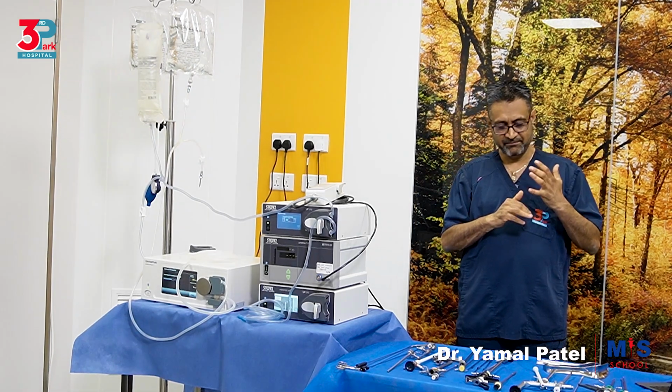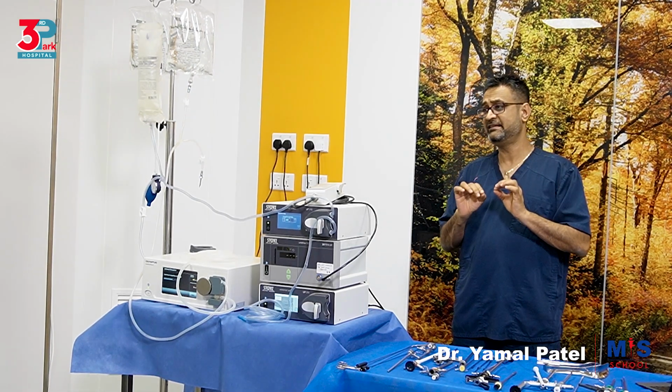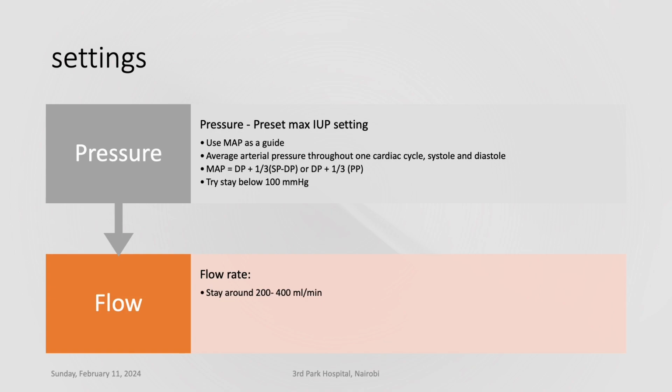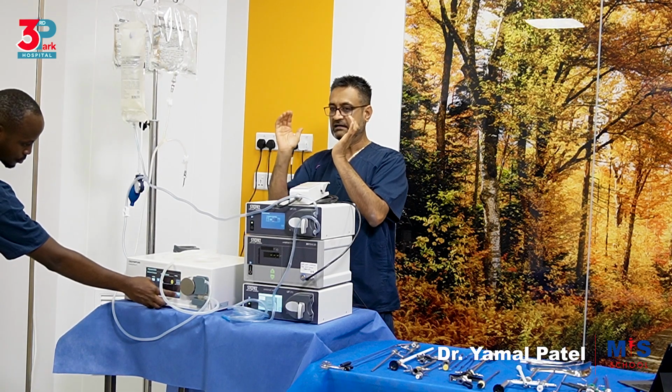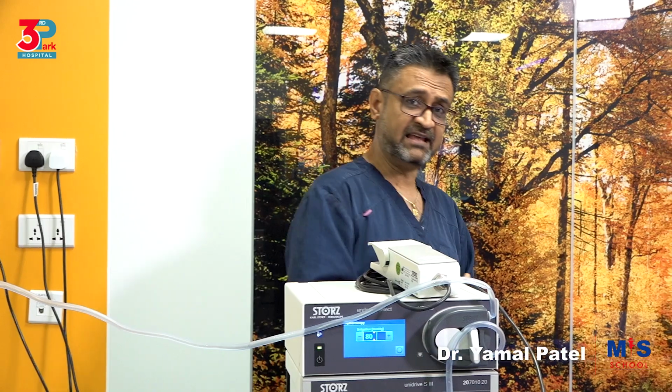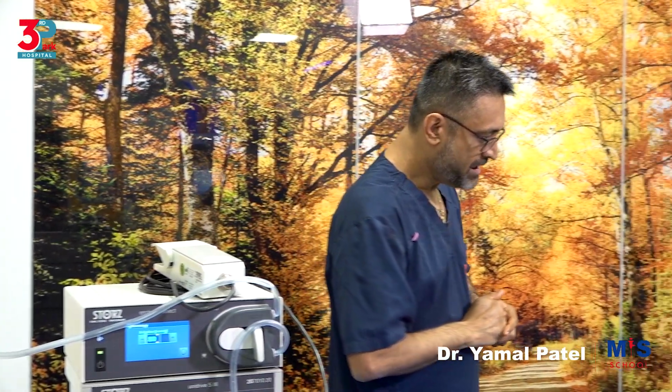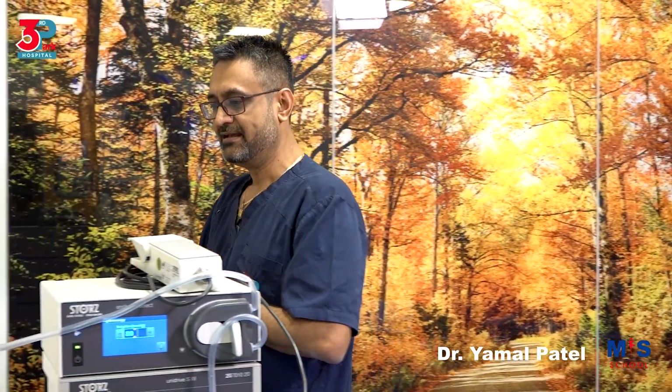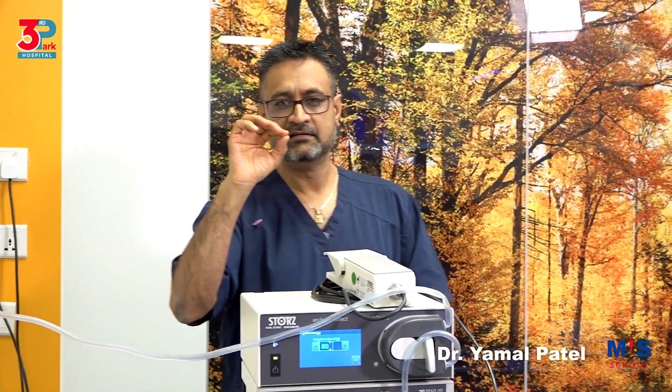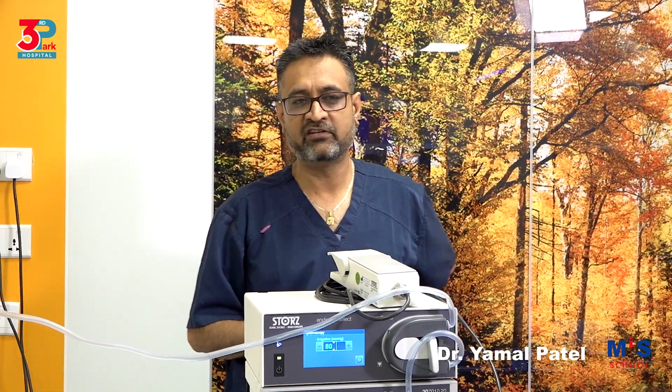So when we talk of the mean arterial pressure, it's calculated by diastolic blood pressure plus 1/3 the pulse pressure, which means diastolic blood pressure plus 1/3 of systolic minus diastolic pressure.